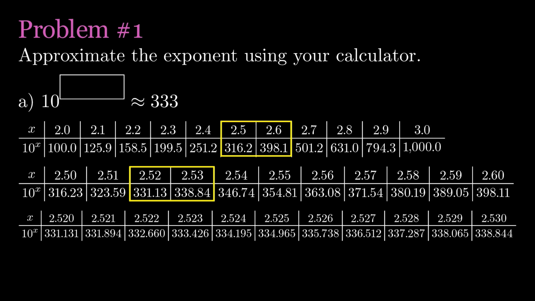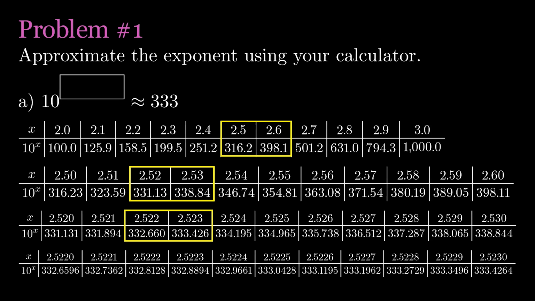Now we can see that the numbers that are the closest to 333 to the left and right are for the x's of 2.522 and 2.523.